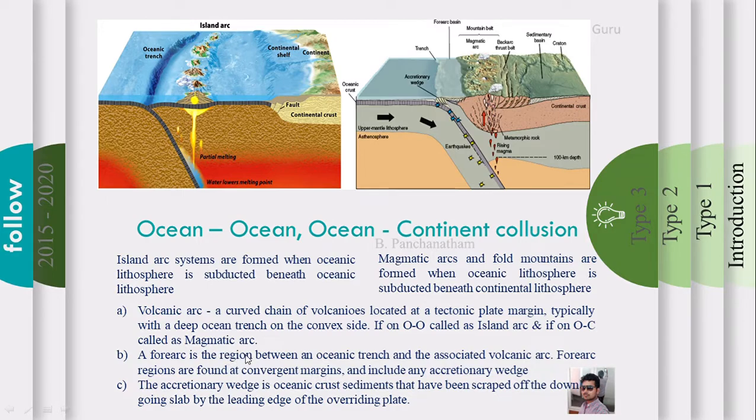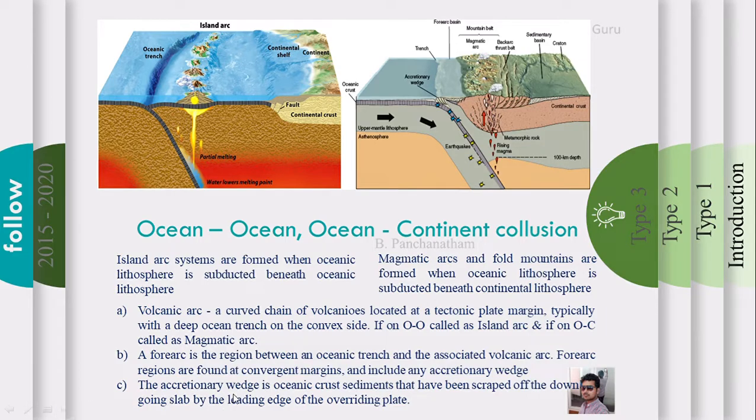A fore-arc basin is a region between the oceanic trench and the associated volcanic arc. The fore-arc regions are found at the convergent margin and include any accretionary wedge. So this fore-arc basin consists of sediment called the accretionary wedge that I mentioned here, right?